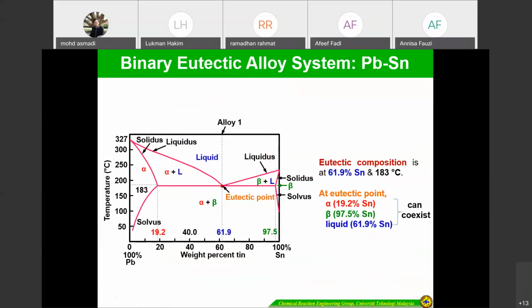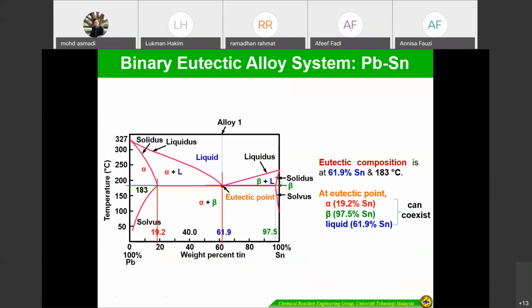And the eutectic composition here is at 61.9 stannum. This one is lead and stannum, at 183 degrees C. So what you have to do? Similarly, just draw the straight line.